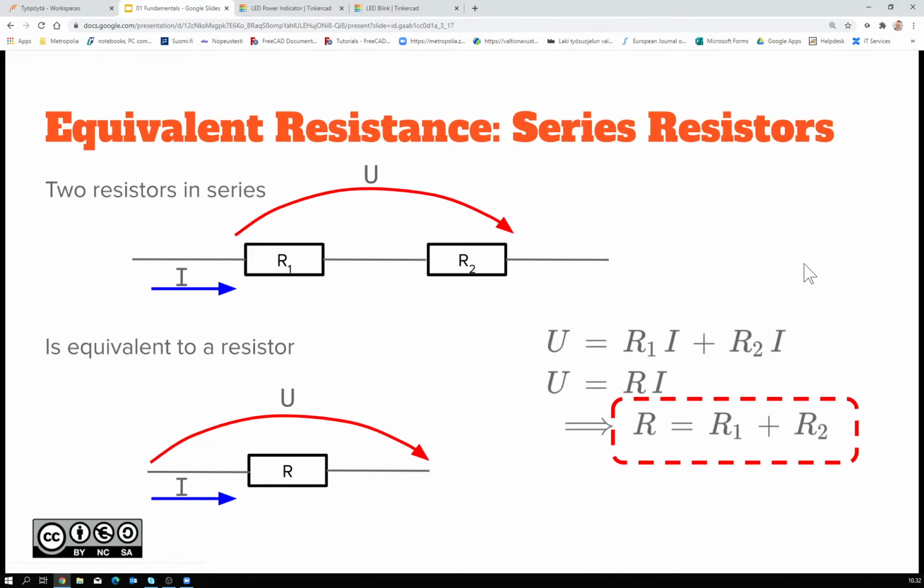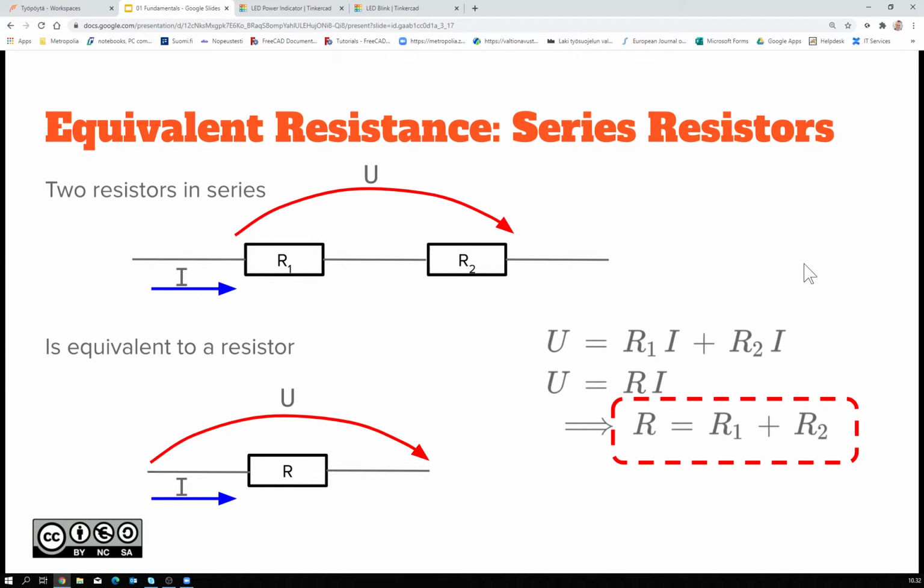Okay, so the first one is the idea of equivalent resistance, and first of those is series resistors.